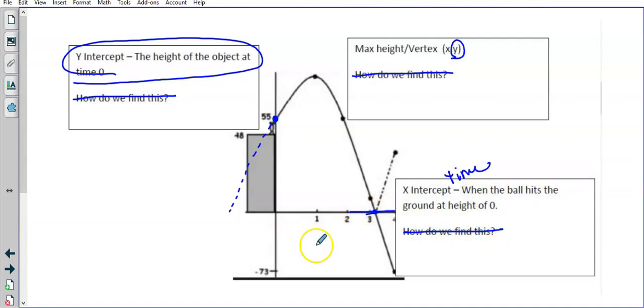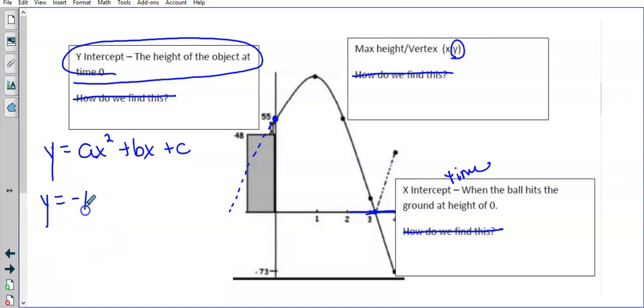When you do see an equation, our quadratic equations usually look like ax squared plus bx plus c. These projectile equations look a little bit different.